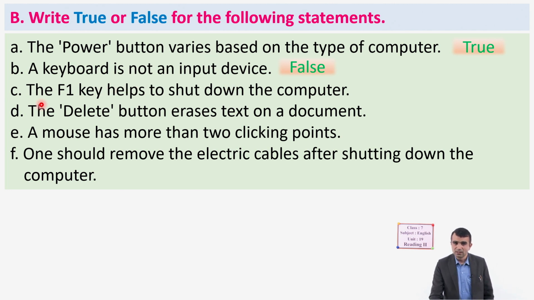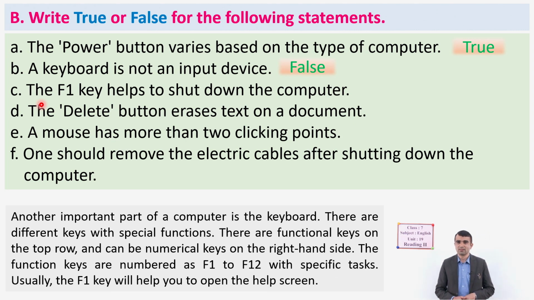C, the F1 key helps to shut down the computer. Does it help to shut down computer? Let's check. Okay, go to the text and check it quickly. What is given there in one paragraph? Another important part of the computer is keyboard. There are different keys with special function. There are functional keys on the top row and numerical keys on the right hand side.